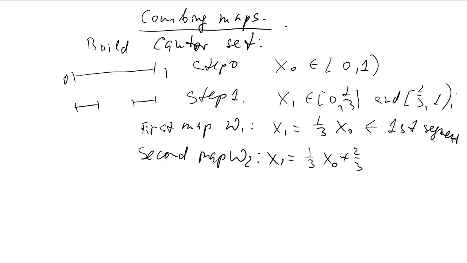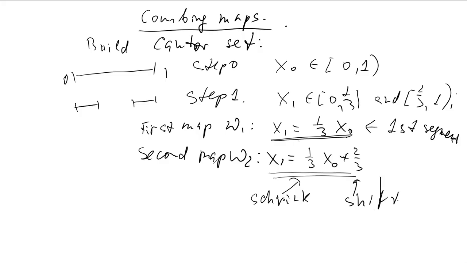So this is what it does. Here we have shrinking. This shrinks the segment 0, 1 to the segment 0, 1/3. Here we have also shrinking, but also a shift. So this is shrink, and this is shift. And therefore our map will be like this.